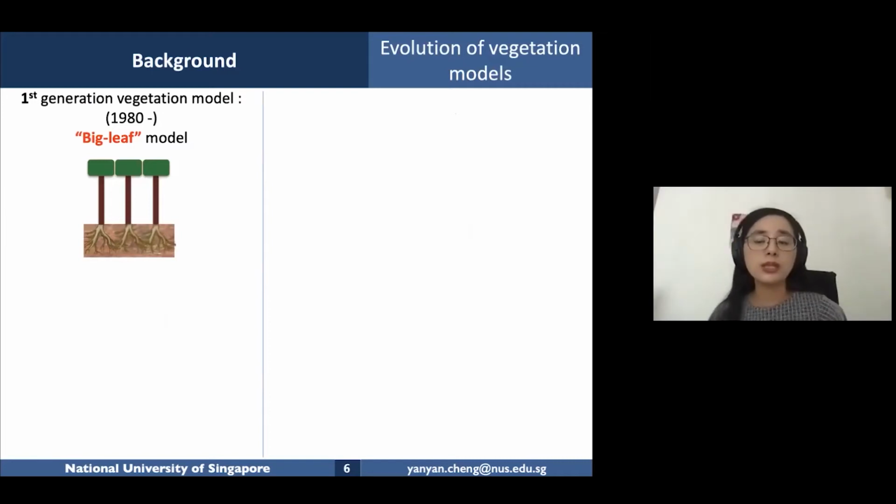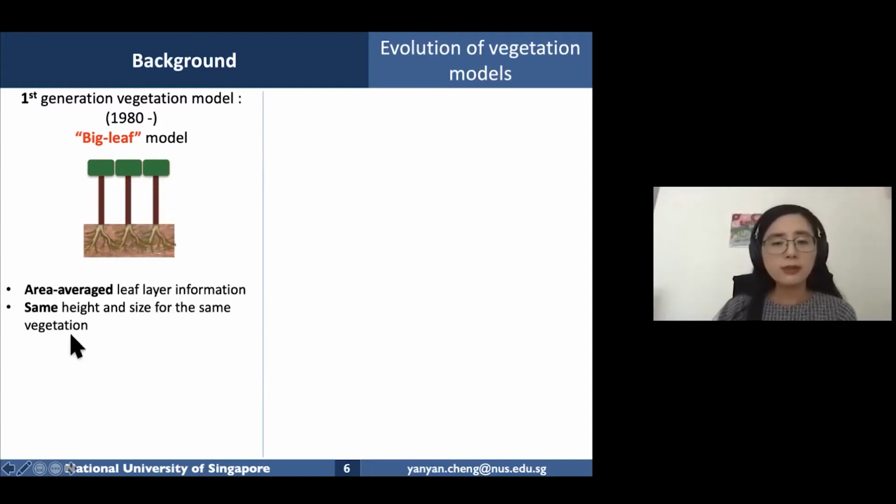But in order to implement this vegetation into the models, there have been different development periods. At the very beginning, to implement the vegetation, people were using a so-called big leaf model. This kind of model uses an area-average leaf layer for all the plants.